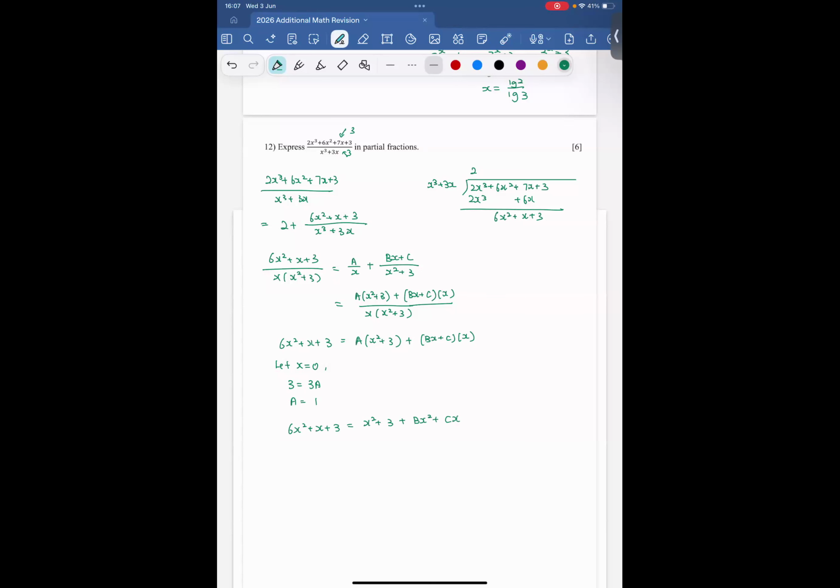By comparing, you can see that 6 is actually equal to 1 plus b, so b is actually equal to 5. Then you can see that c is actually equal to 1.